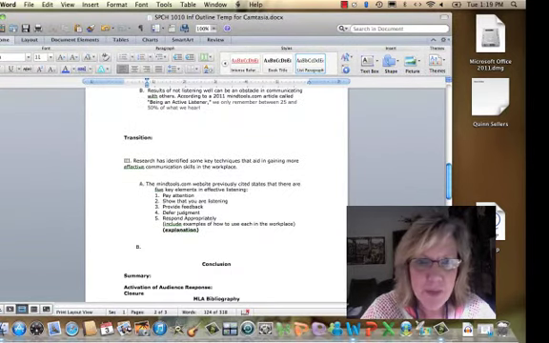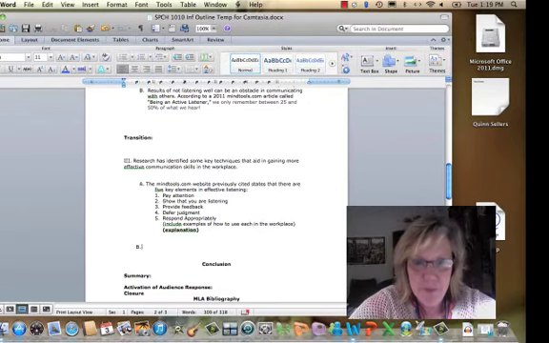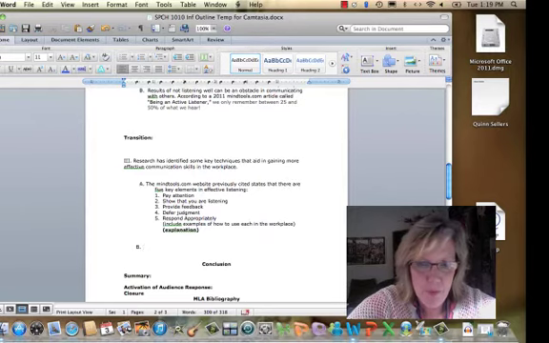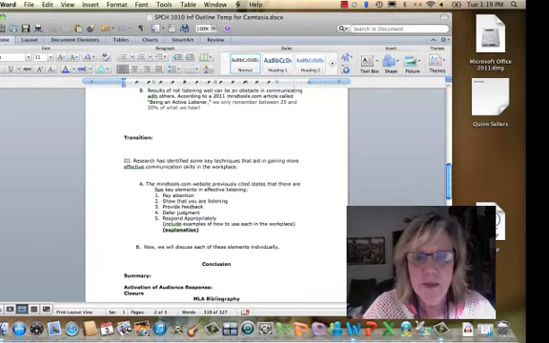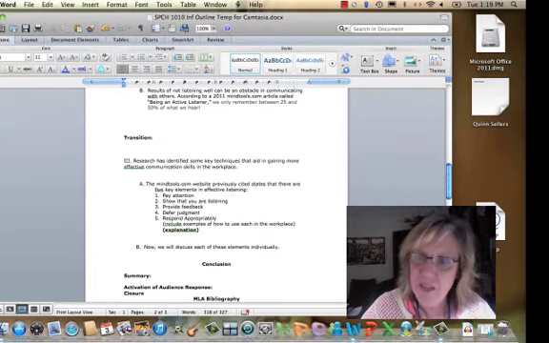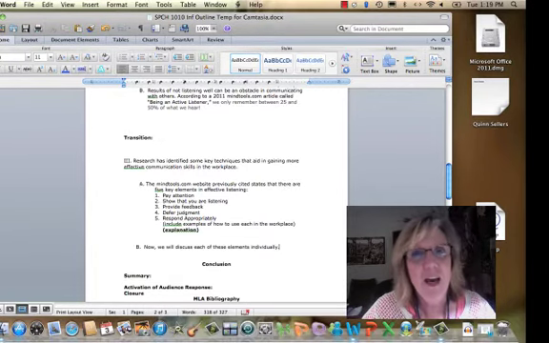So our B in this case is going to be simply, oops, we don't want that in bold. Now we will discuss each of these elements individually. Okay? All right, so lo and behold, I have finished the body almost of my outline.